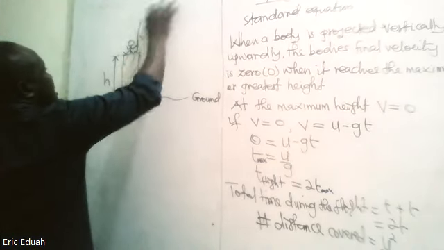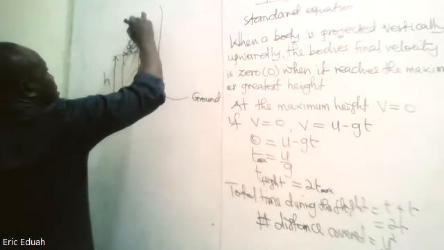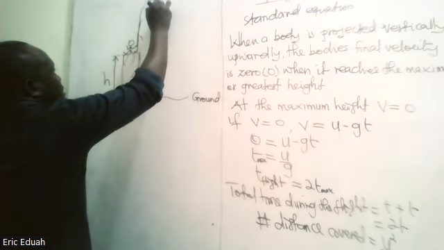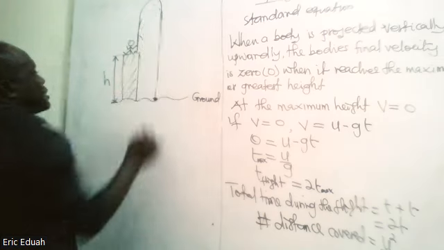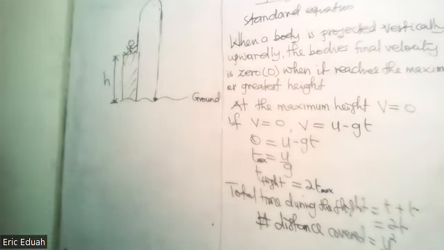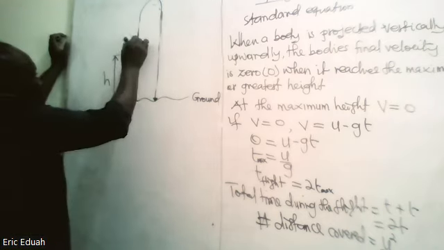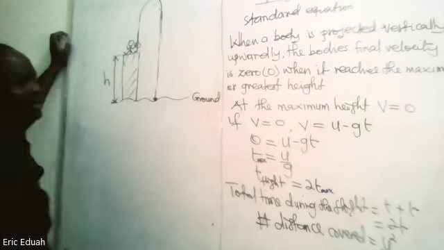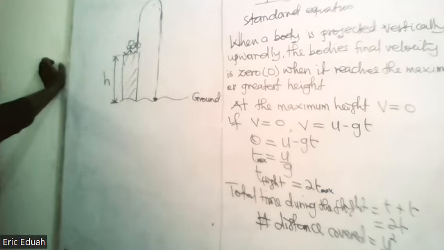So the whole flight of the body is this. The body moves from here, then on and on till it comes to land on the floor.